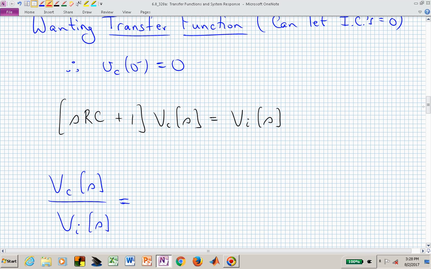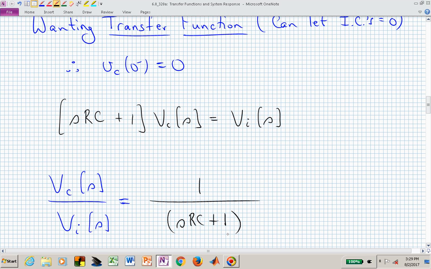Let's now divide both sides by SRC plus 1, and let's divide both sides by V sub I of S. Or, in other words, we're going to end up with, on the right-hand side, 1. On the left-hand side, we didn't touch V sub C, but we did divide by SRC plus 1.